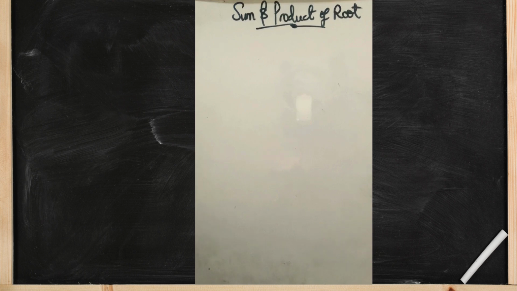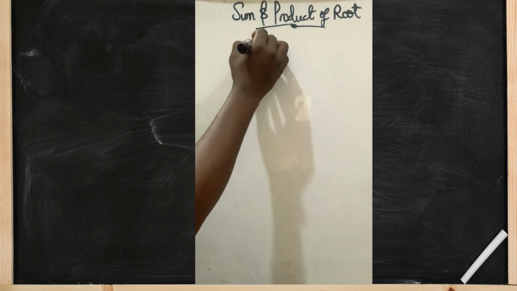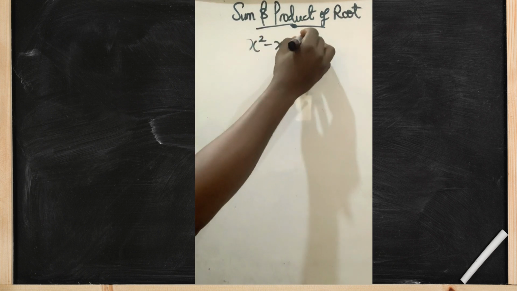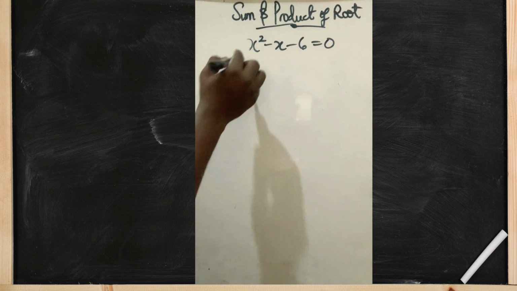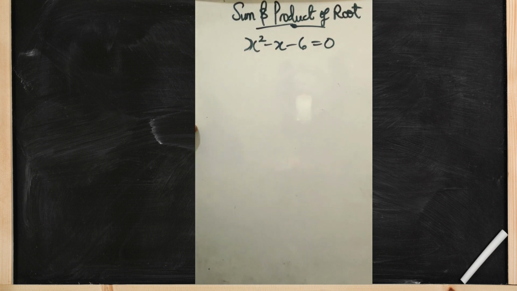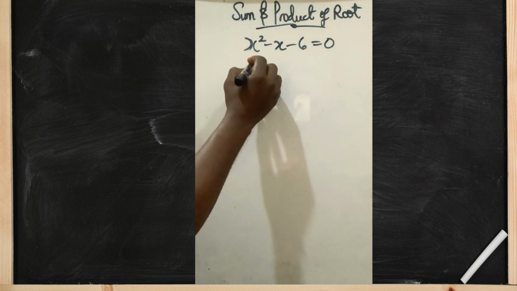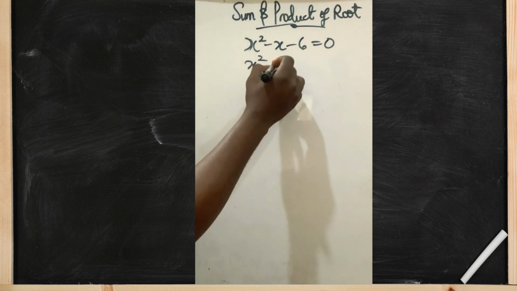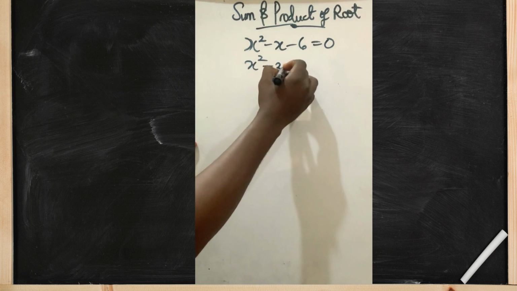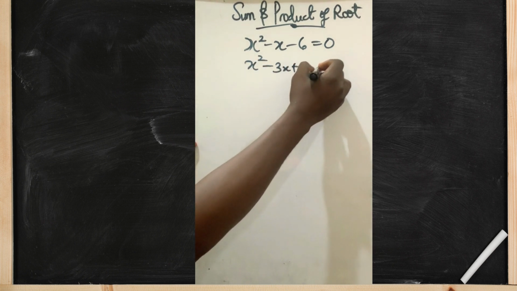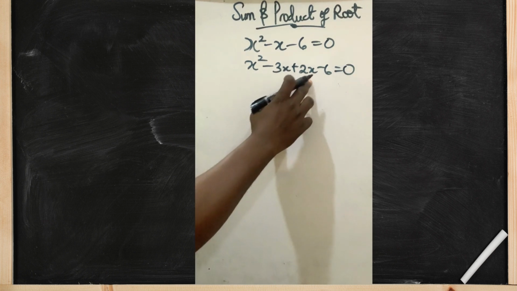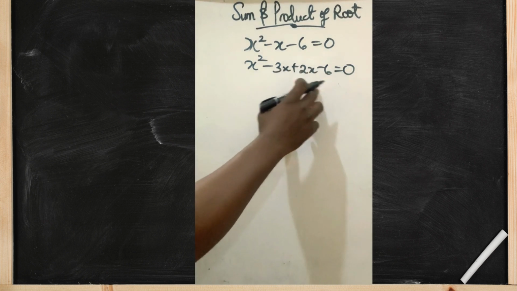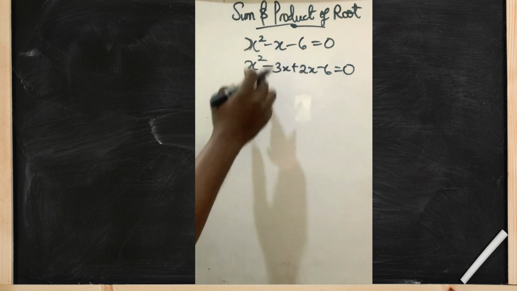So I'll be doing some background check in order for you to be able to understand what I'm talking about here. You'll be having x squared minus x minus 6 equals 0. I'll be very fast with this question because this is not the actual thing we are going to be using, just to draw an inference from here. So x squared minus 3x plus 2x minus 6 equals 0, because minus 3 times plus 2 will give you minus 6, and minus 3 plus 2 will give you minus 1.